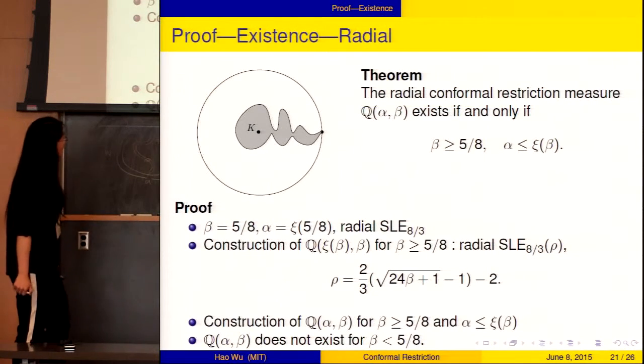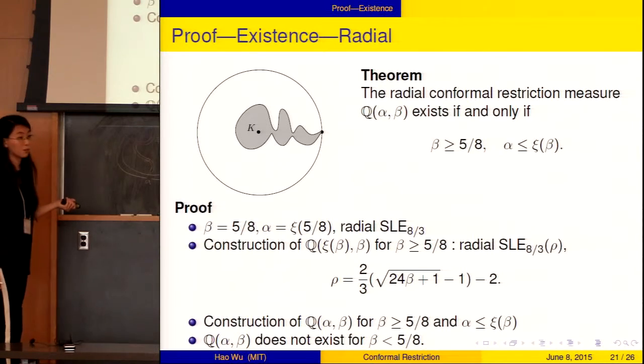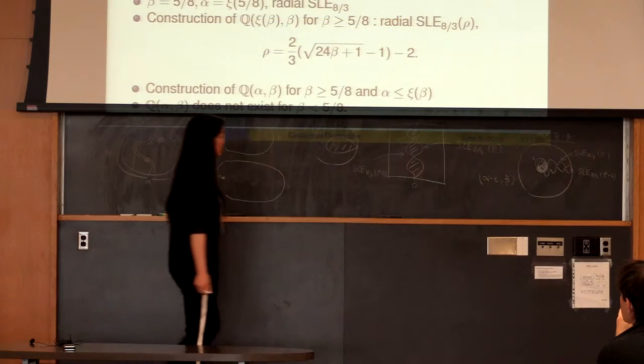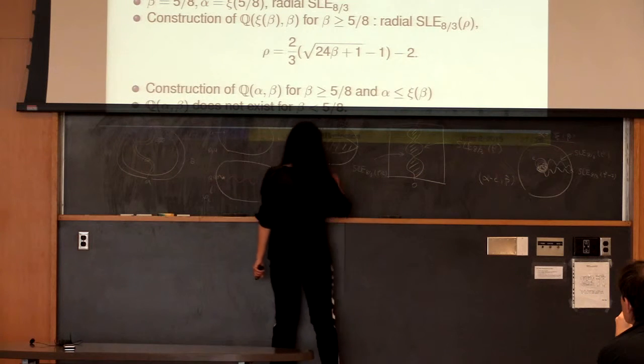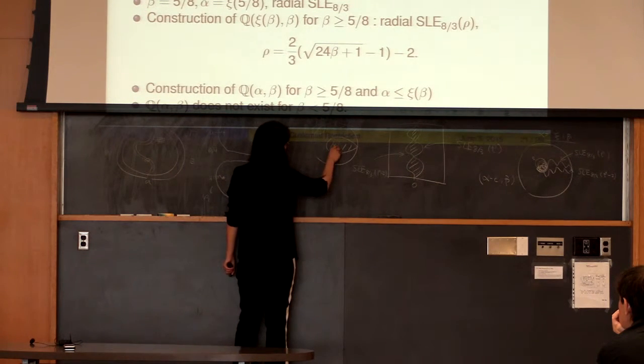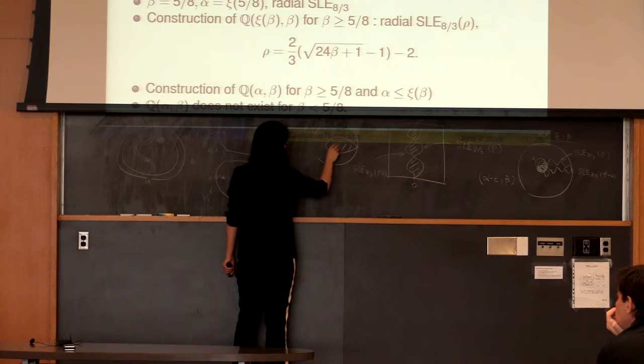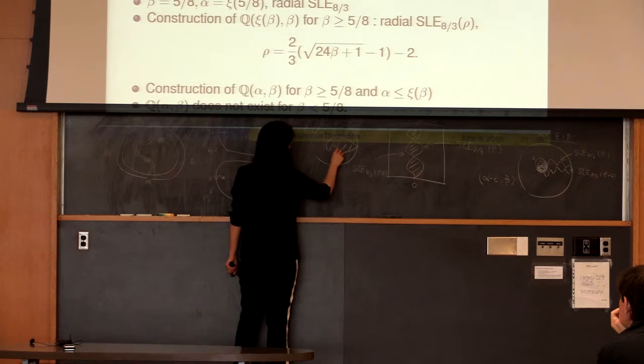And the last step is why this radial restriction measure doesn't exist for beta less than 5/8. In fact, the reason is the same as the chordal case. The idea of our proof is we push this interior point to the boundary. So now it is the region, by the conformal map, we can put this interior point at -1 plus epsilon, so it becomes here.